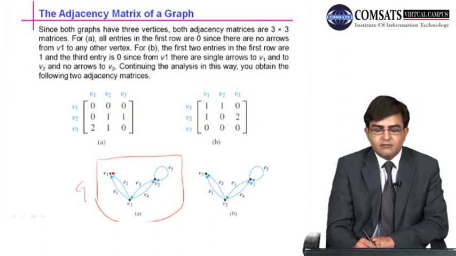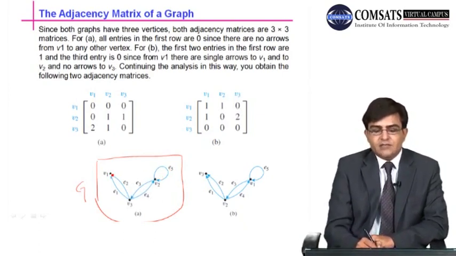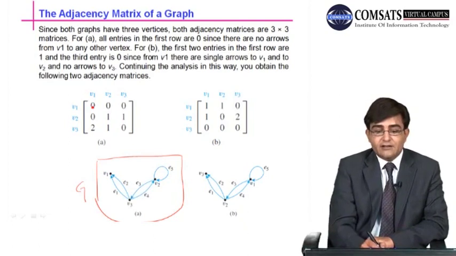Here from v1 to v1 there is no arrow, because here at v2 we have one arrow, which is a loop. On v1 there is no loop, therefore the directed arrows from v1 to v1 are 0, so we write 0.